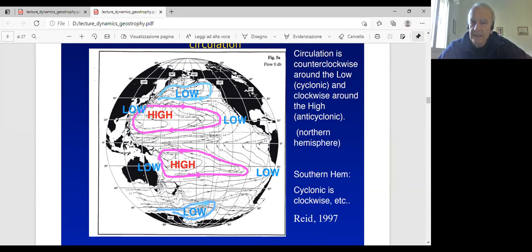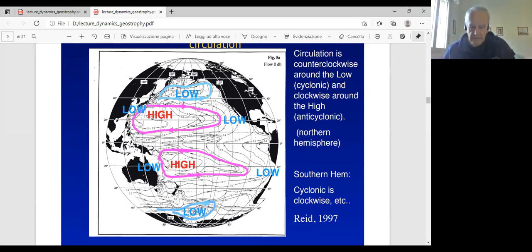Since the Coriolis force changes sign passing through the equator, the two highs give the same direction of the flow along the equator, simply because of the change of the sign of the Coriolis parameter. And then we have a low in the mid latitudes and a low in the mid latitudes, and here counterclockwise flow in that area.